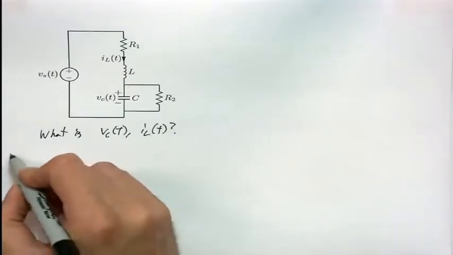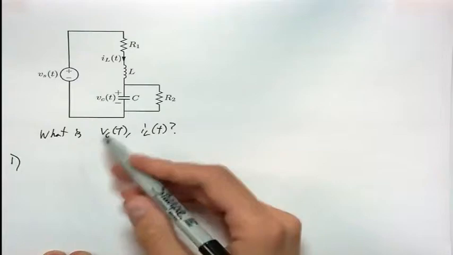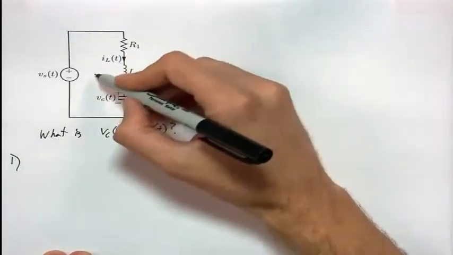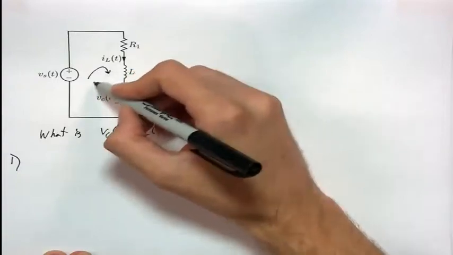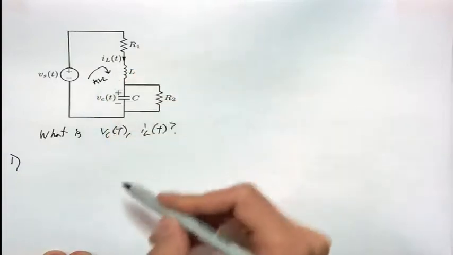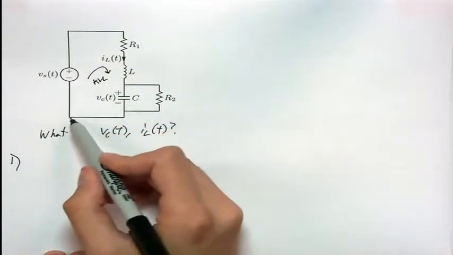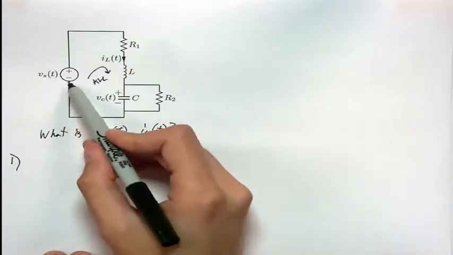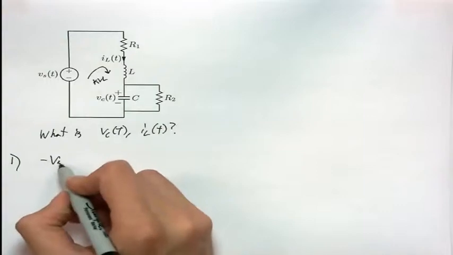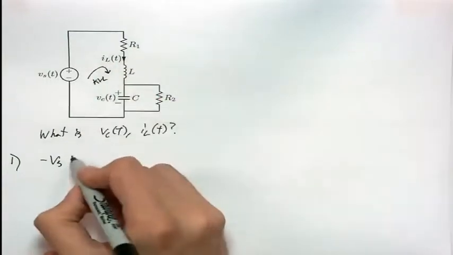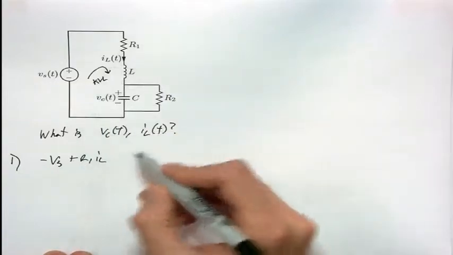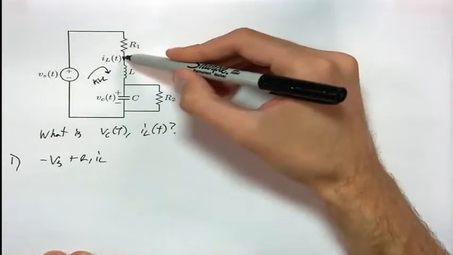Our first step is to use KVL and KCL to describe this circuit. Our first KVL equation is going to be this outer loop. Starting from this bottom node and traveling clockwise, we enter negative Vs. Then we hit our first resistor, which has a current of iL through it, so R1 times iL is the voltage drop here.